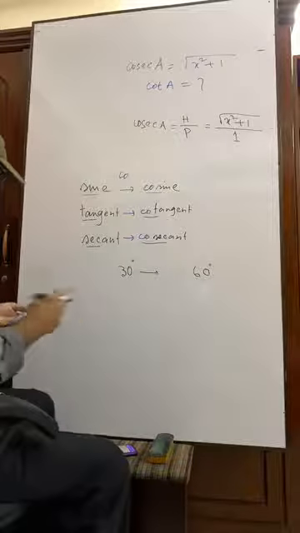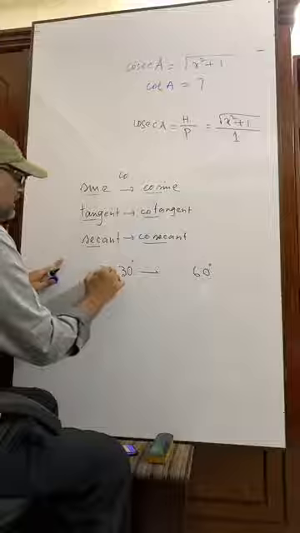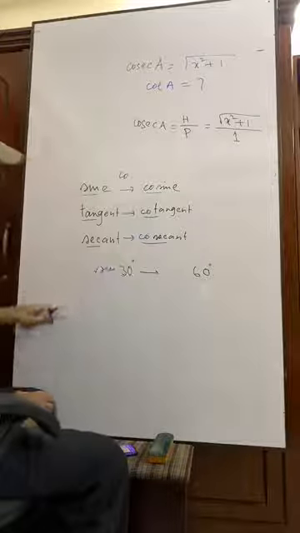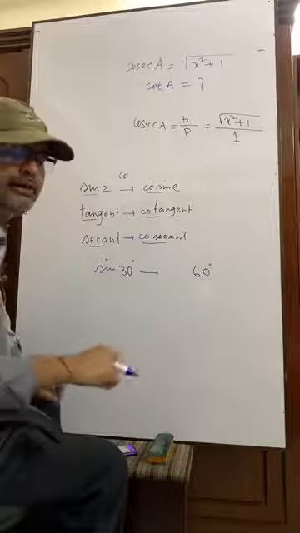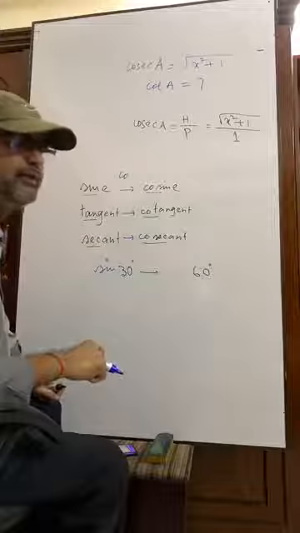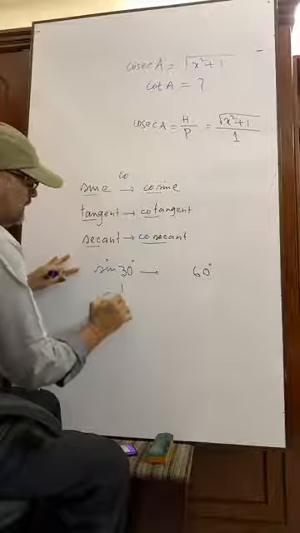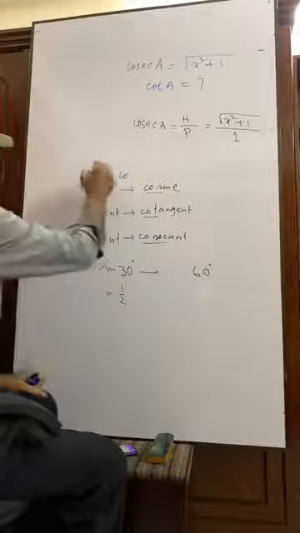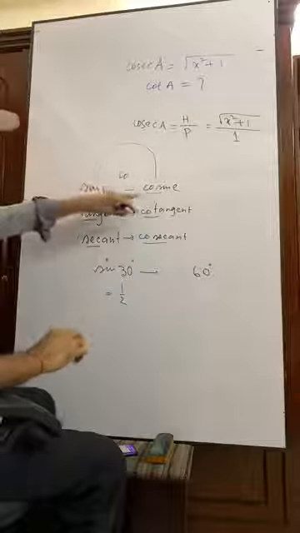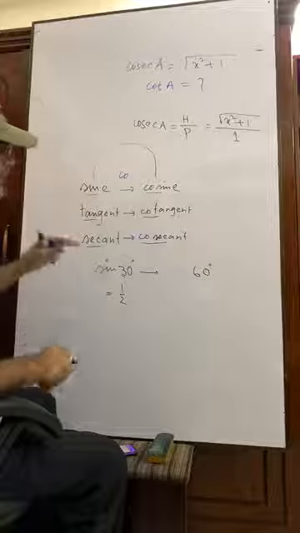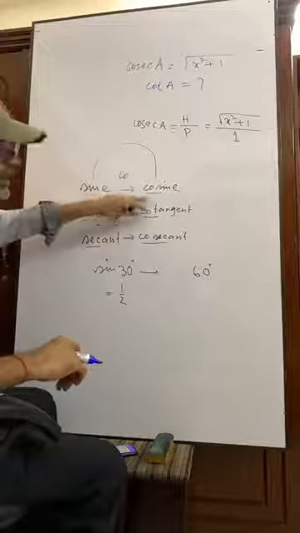Interesting fact is that suppose we are going to put here the value sine 30. So sine 30 equals to what? If we use the calculator, then it is possible for you to determine the value of sine 30. It is equal to half. So what has been found here? Adding co with sine, we have got cosine.